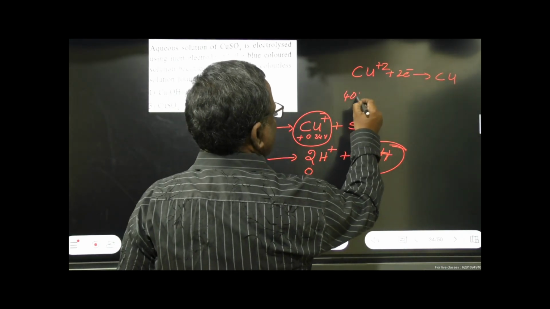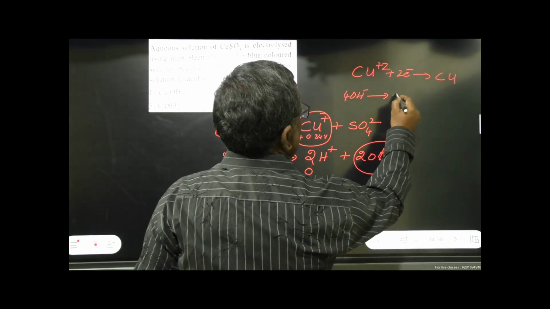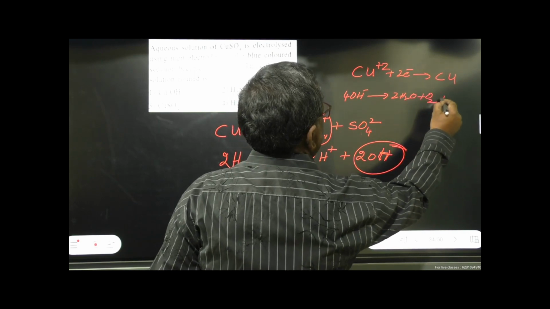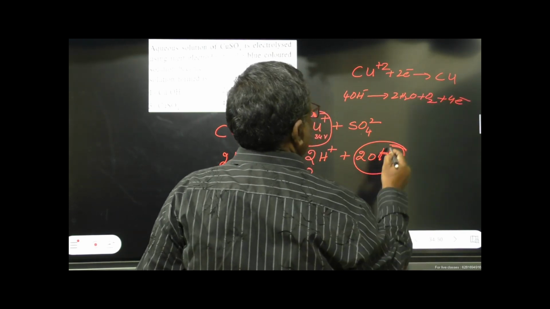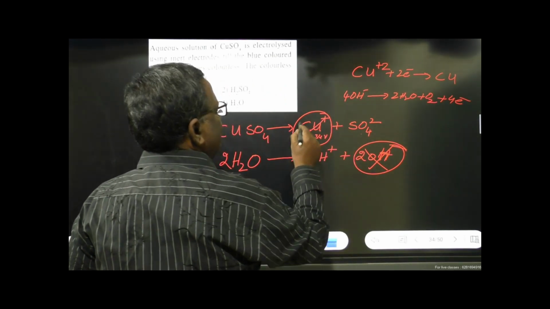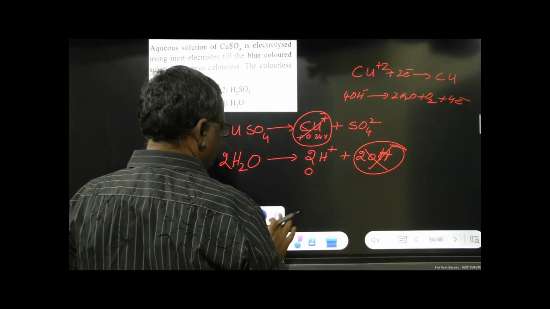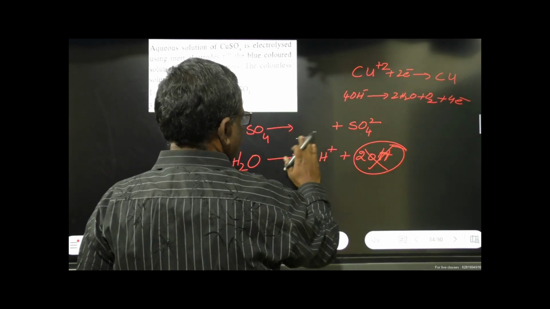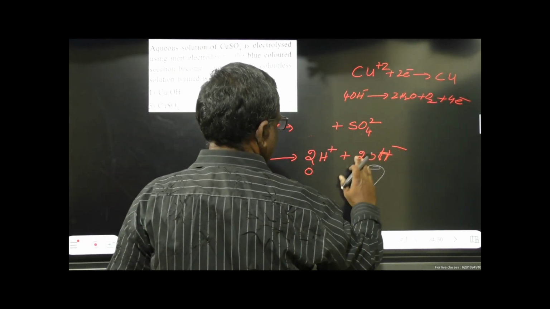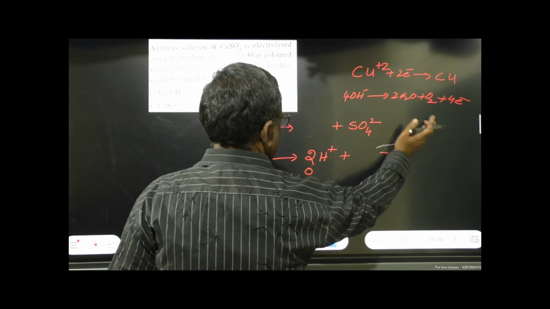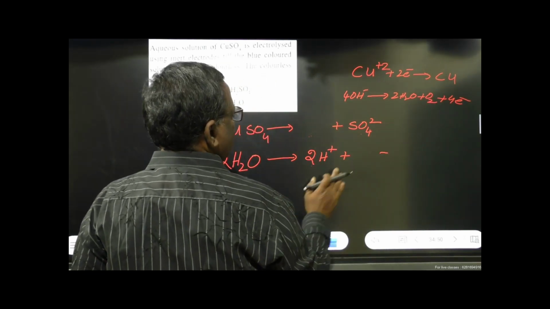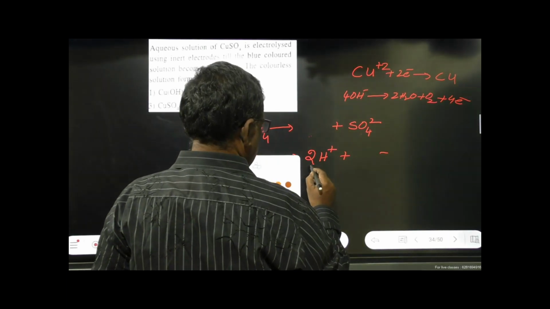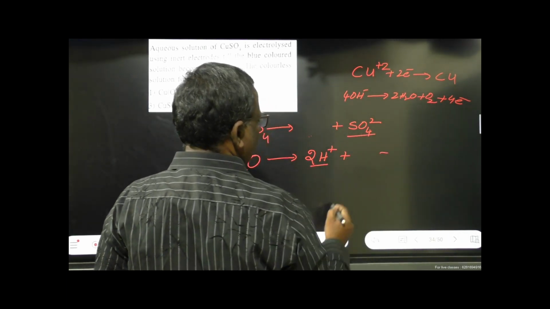4OH minus gives 2H2O plus O2 plus 4e minus. So when these two disappear, the remaining ions here are H plus and SO4 minus 2.